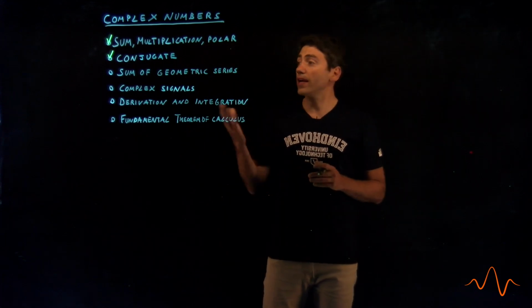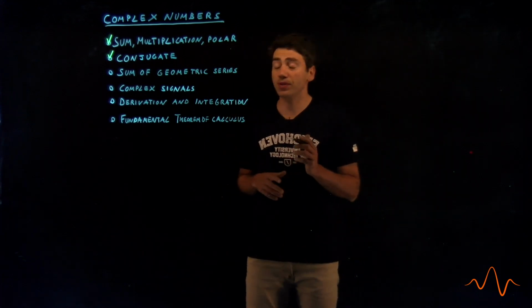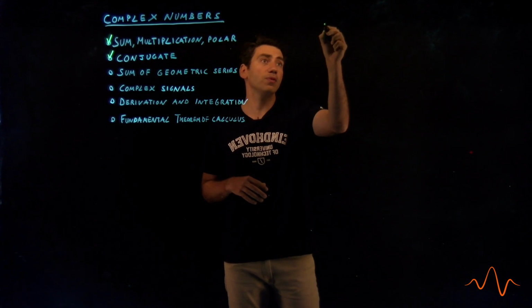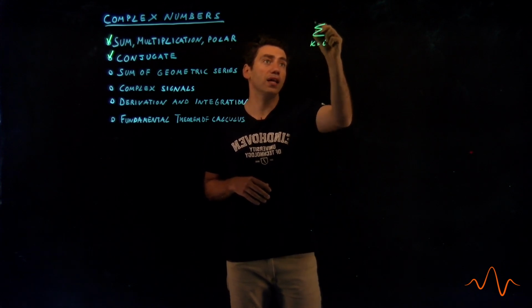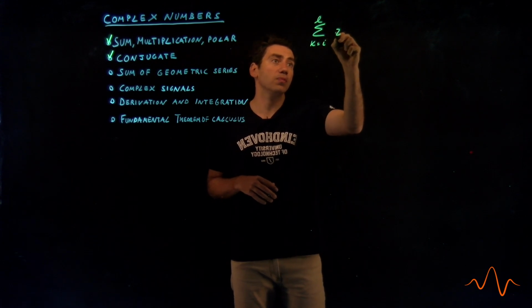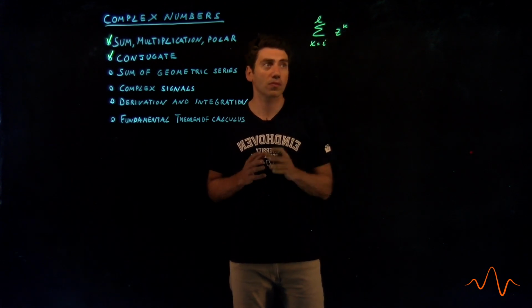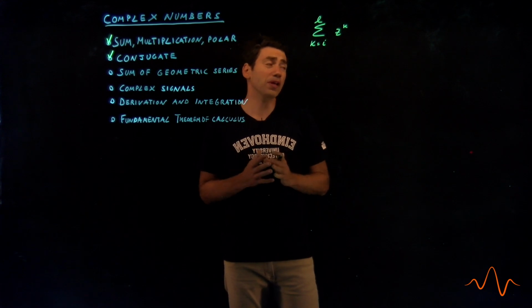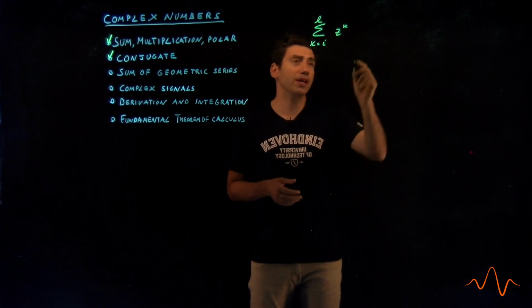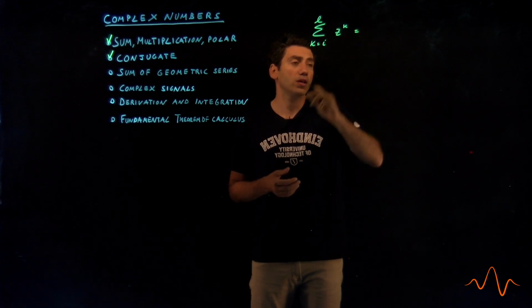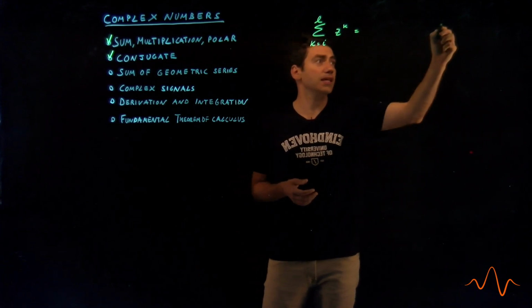So now we're going to look at the sum of a geometric series. Let's say that we want to add from k equals l until L, z to the power of k. The formula is very similar, actually it's the same formula that we have in the real case, when z is real. Let's say z is complex.